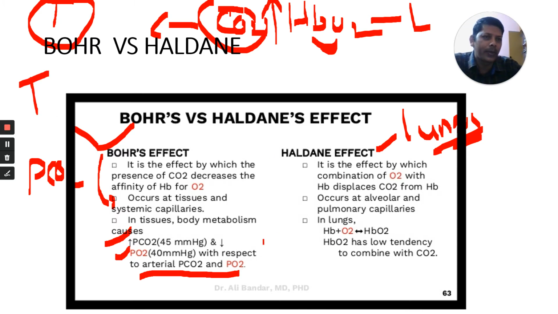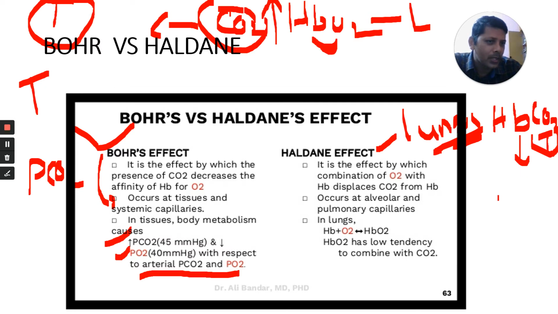What is Haldane effect? It is very simple. It is the effect by which combination of O2 with hemoglobin displaces CO2 from hemoglobin. HbCO2 is formed at the tissues.